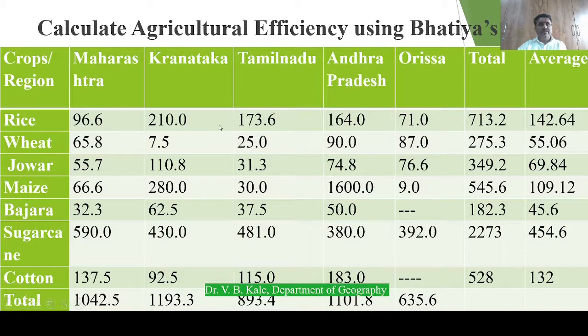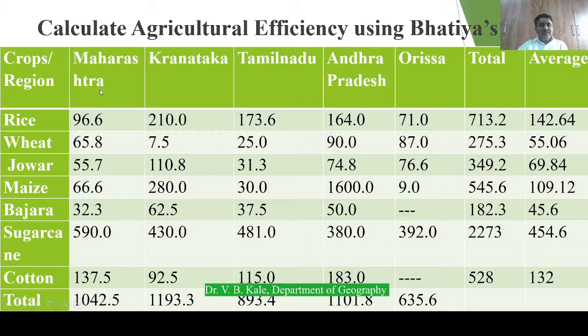Okay. So I just put one example over here for our understanding of the calculation of agricultural efficiency using Bhatia's method. There are various crops: rice, wheat, jowar, maize, bajra, sugarcane, cotton, and this is the total of that crop in these 5 states: Maharashtra, Karnataka, Tamil Nadu, Andhra Pradesh, and Orissa.